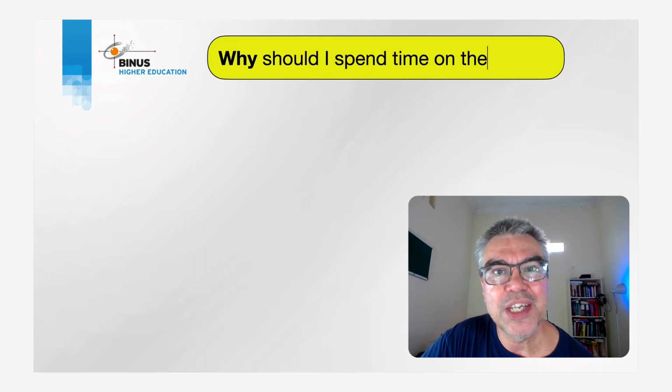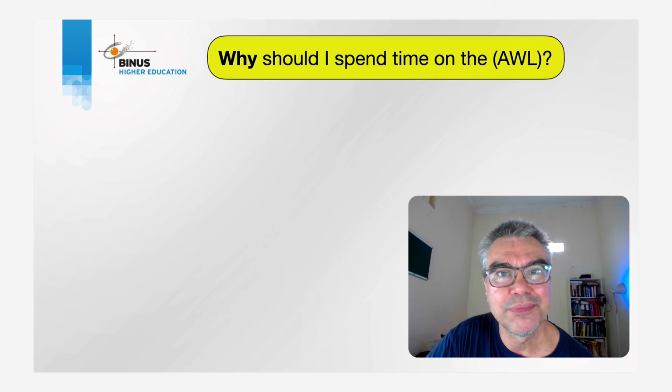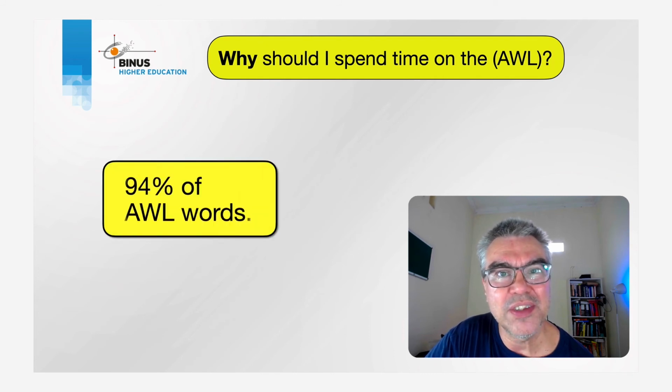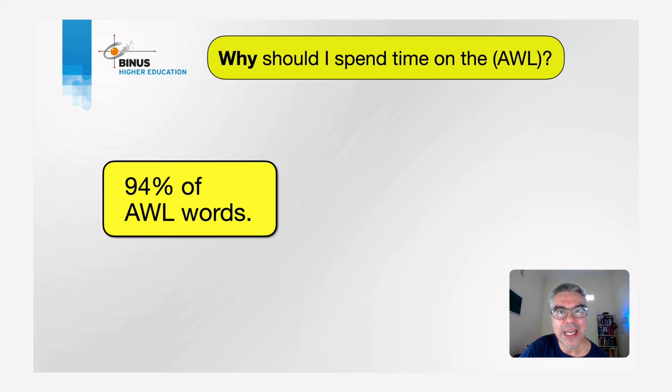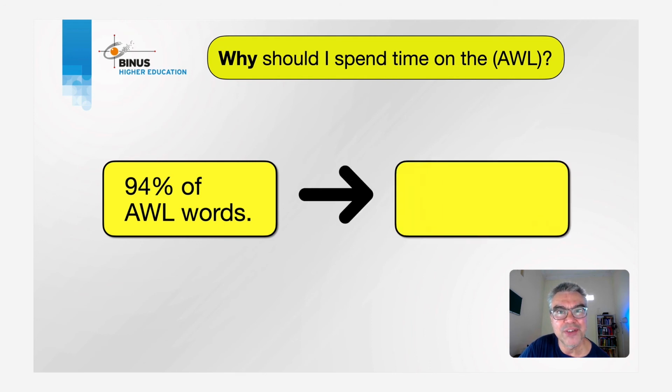The next question is, why should you spend time studying the academic word list? The best answer to this is that it will help you in your academic English. And here is a statistic for you. 94%. That is, 94% of words in the AWL can cover 20 or more subject areas.